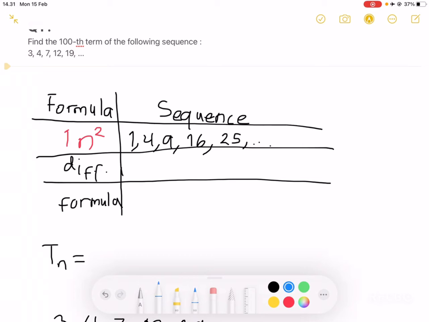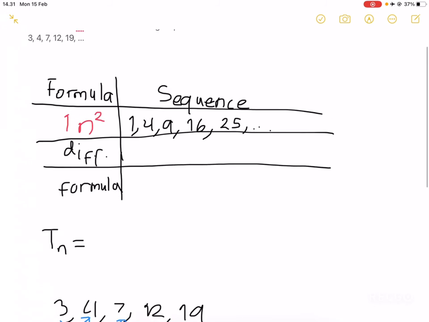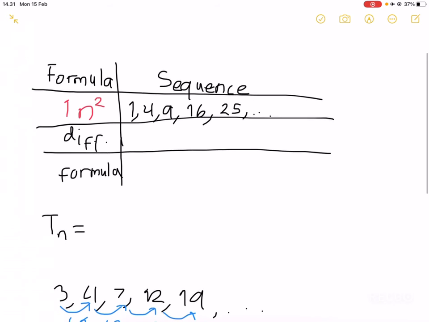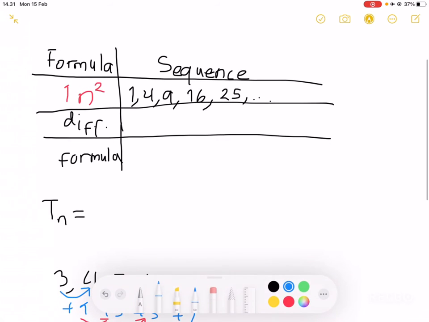And then look at the difference right here. You need to find what you need to add to each term of this sequence to get the corresponding term in the original sequence. Checking this, the difference for the first term will be positive 2, since you need to add 2 to 1 to get 3.